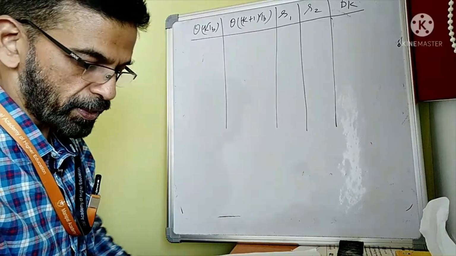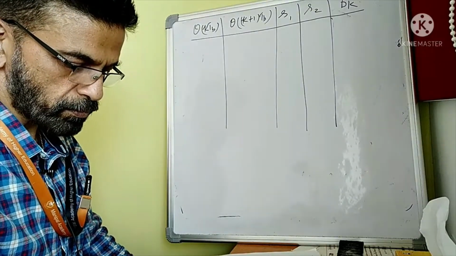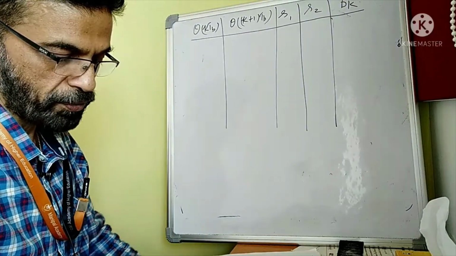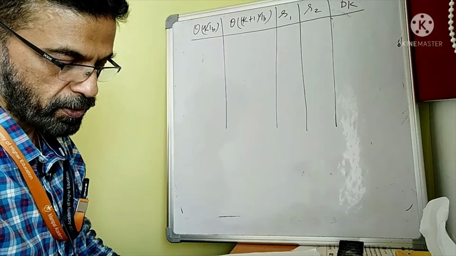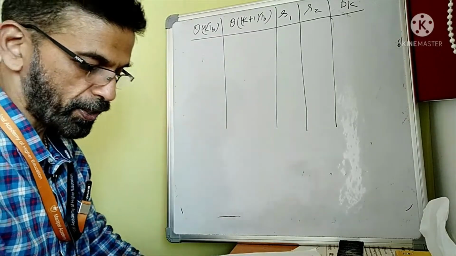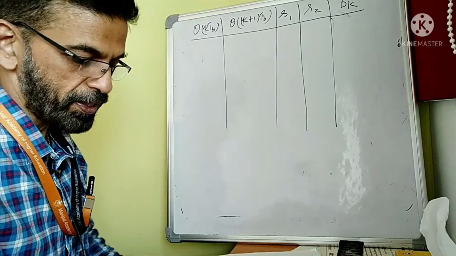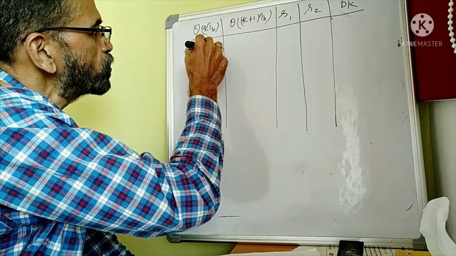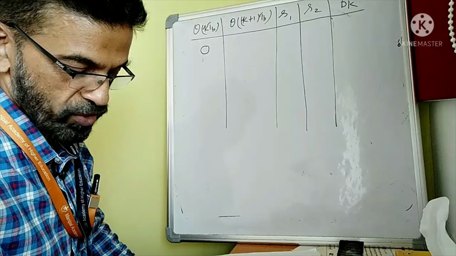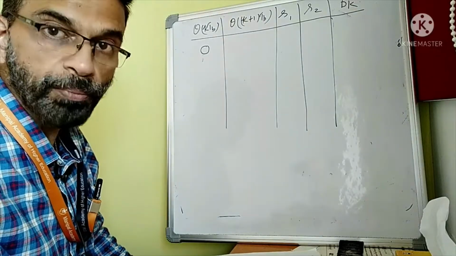And theta ktb, the possibilities are for k even. If you recall that phase evolution diagram, the possibilities are theta ktb can be 0, minus pi, or plus pi.